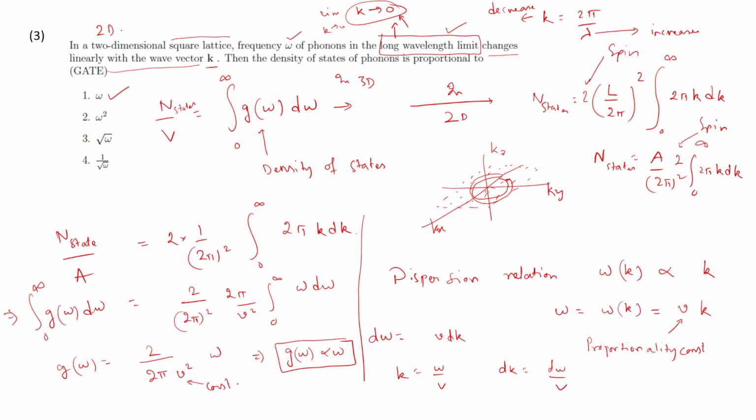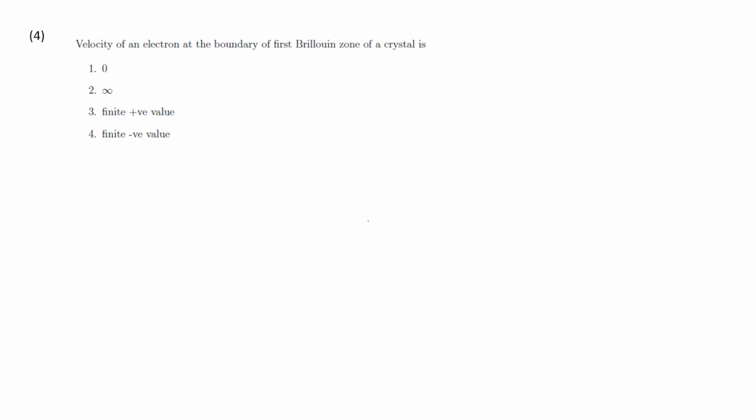Let us go to the next question. The velocity of an electron at the boundary of the first Brillouin zone. Usually the Brillouin zone looks like this, from minus pi by a to pi by a, and this is the first Brillouin zone.